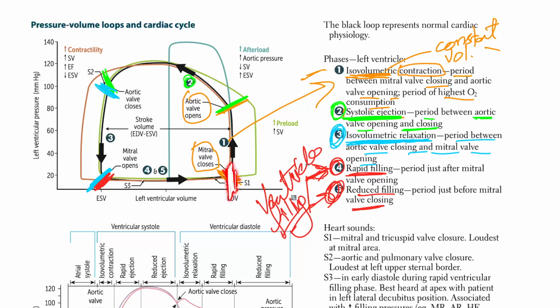Normally we had this point, which is giving you left ventricular volume, and this is your end diastolic volume, meaning whatever fluid had to come into the left ventricle is there now. That's end diastolic volume. So increasing the preload would lead to an increase in end diastolic volume, and it was shifted right here.